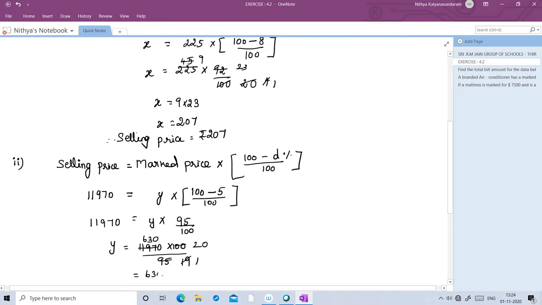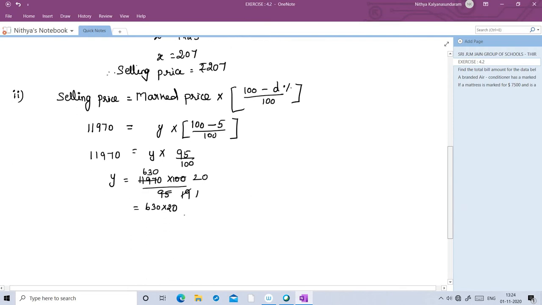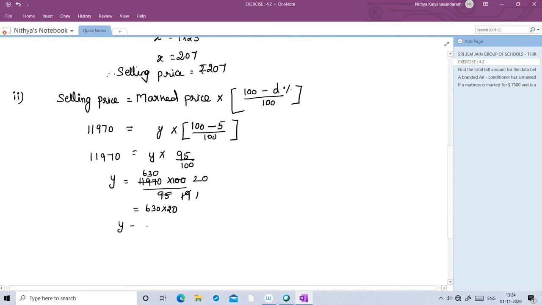So 630 into 20, Y is equal to rupees 12,600. So our marked price, therefore, is equal to 12,600.